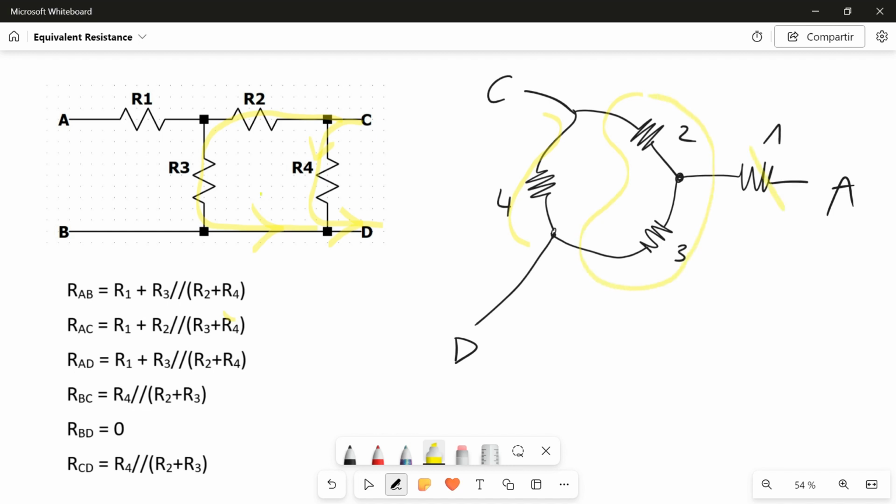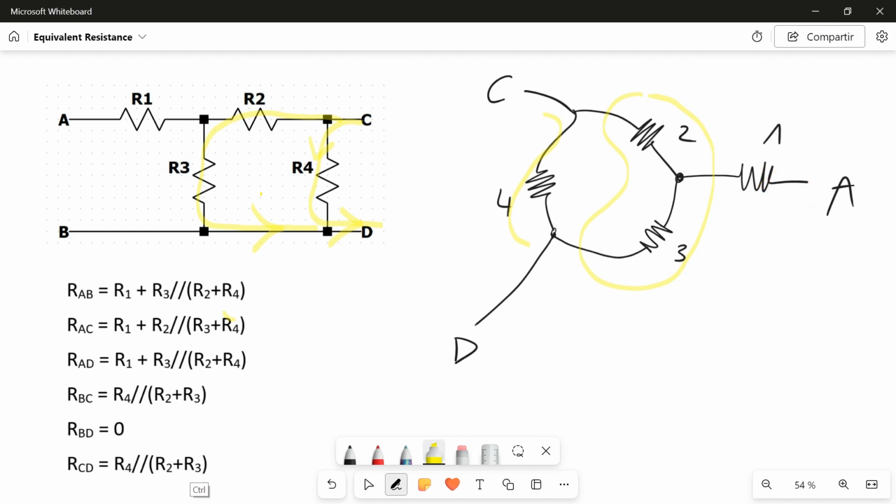I don't consider this resistor because I have no current flow here. So basically, I have this result: RC is equal to the parallel between R4 and the sum of R2 and R3.